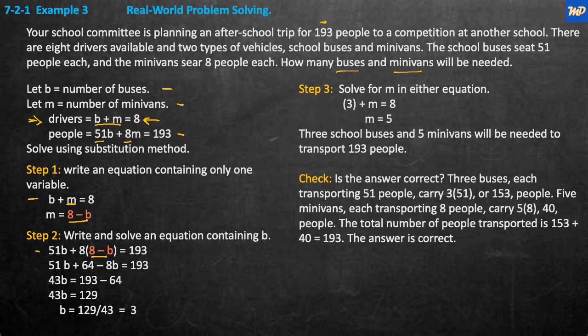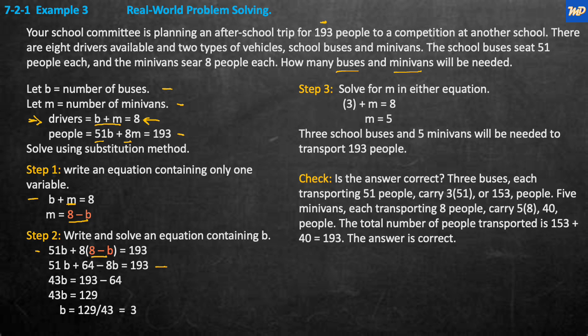So now I have 51B plus, doing the distributive property, 8 times 8 is 64, and 8 times negative B is negative 8B, and that equals 193 students.